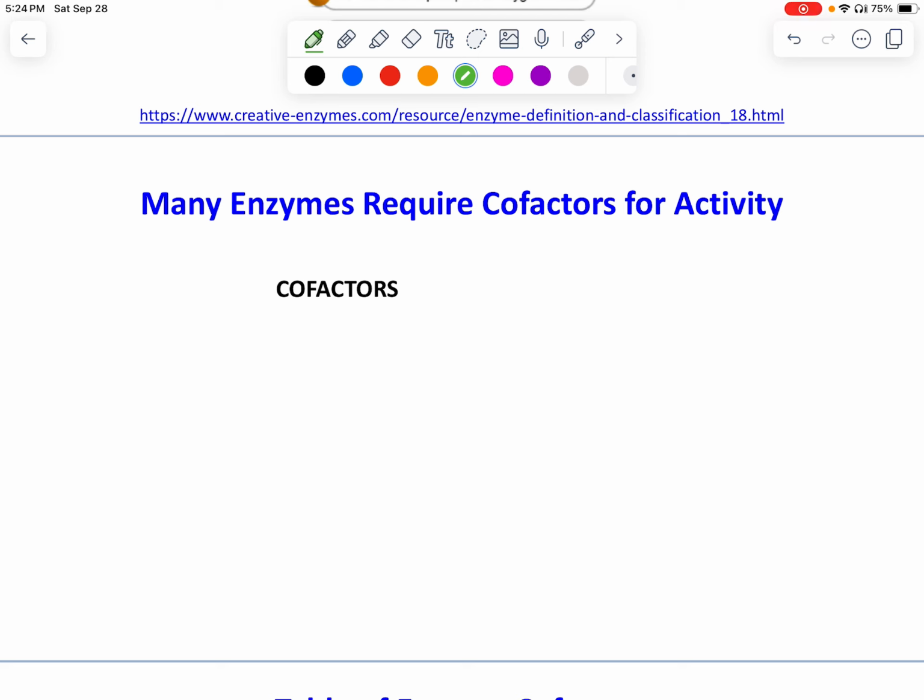Okay, so let's talk about chemical cofactors. As we talk about cofactors, there are really two main pieces. You can have coenzymes, or you can have metal ions.